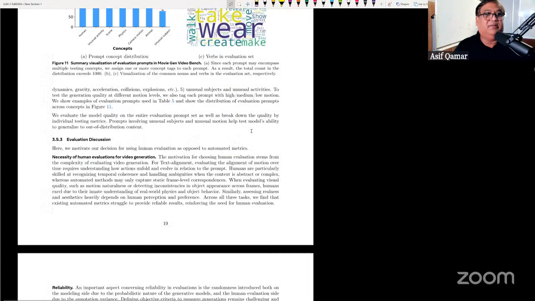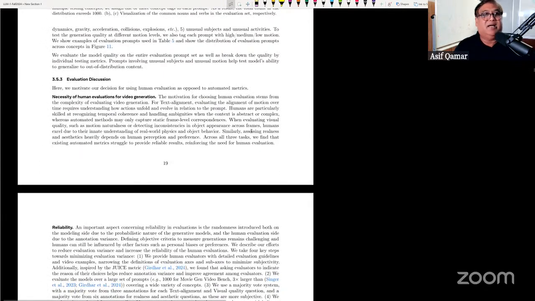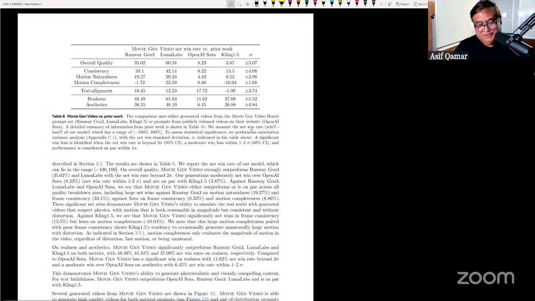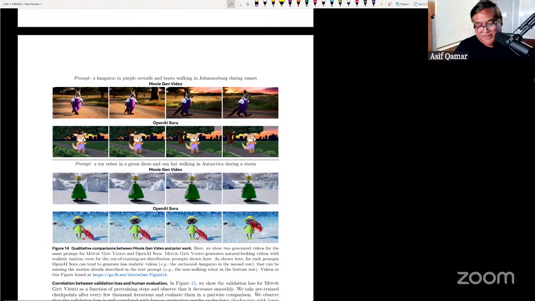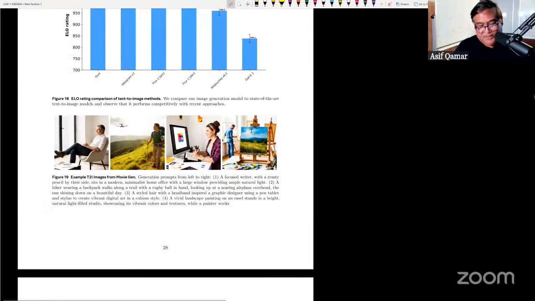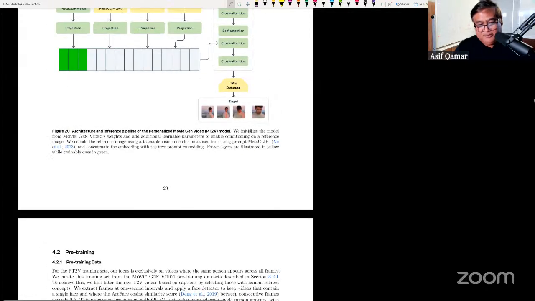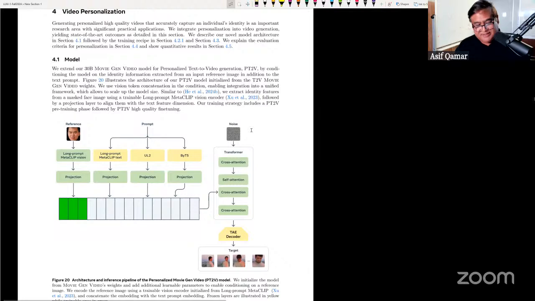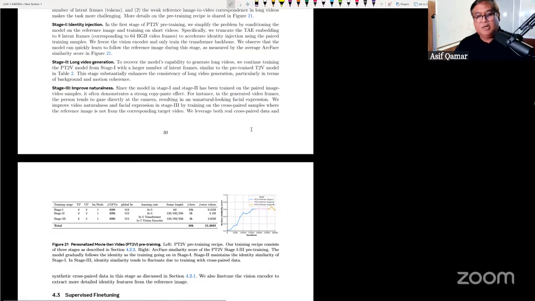It's very readable, but you need substantive background to understand all parts of it. I'm trying to give you some idea about how these things, for example, how video personalization is done and everything. It's a long paper. Let me not do that.